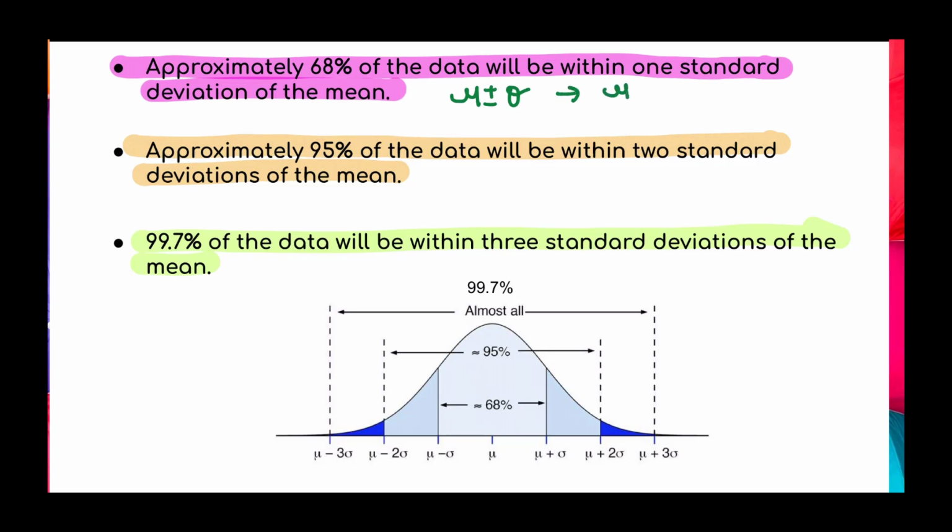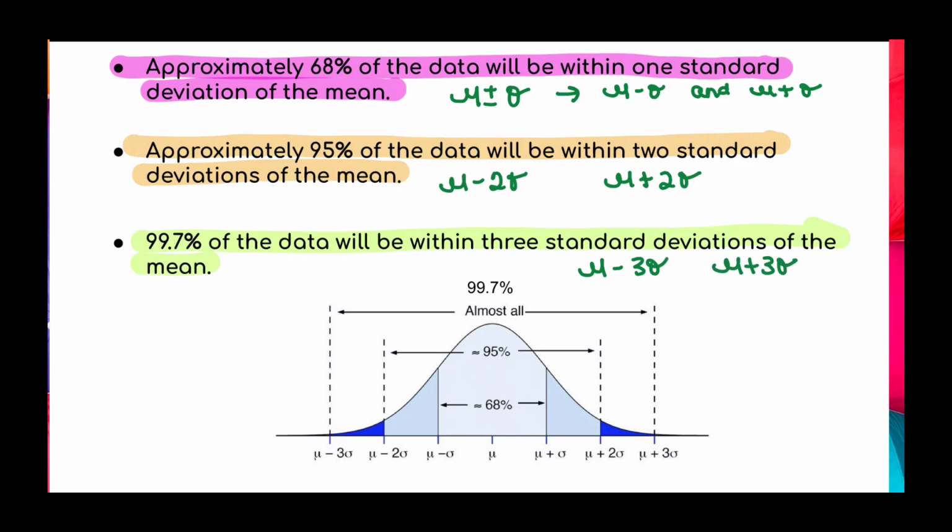So you could do mean minus 1 standard deviation and the mean plus 1 standard deviation. Those would give you the boundaries. For 95%, that would be the mean minus 2 standard deviations and the mean plus 2 standard deviations. And then for the third one, that'd be the mean minus 3 standard deviations, the mean plus 3 standard deviations.